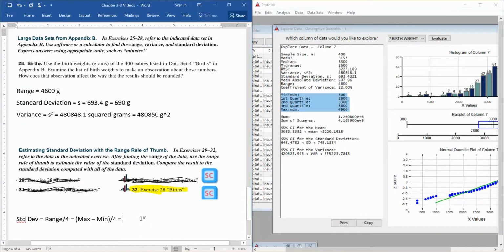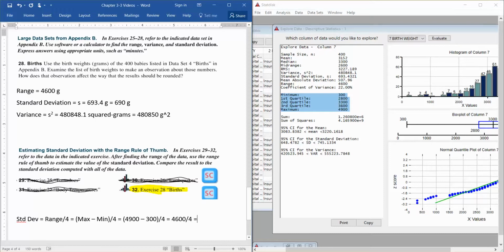So our estimate of the standard deviation is going to be 4,900 minus 300 divided by 4. That's 4,600 divided by 4.